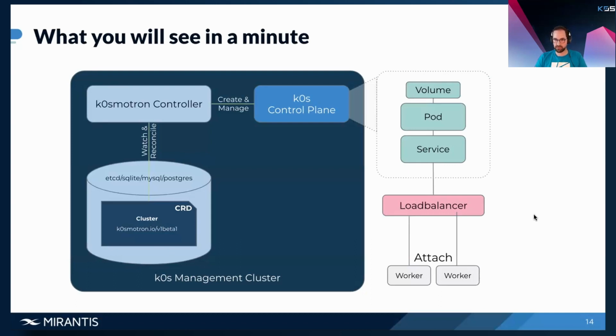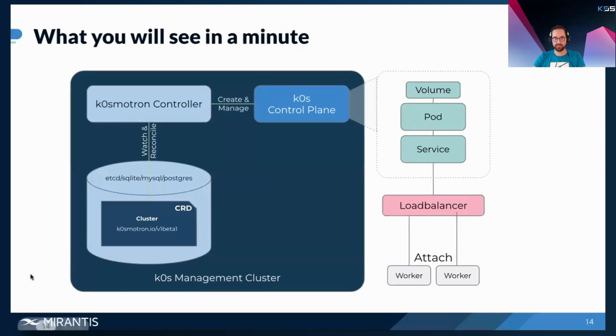The k0s management cluster is sitting inside of AWS. And we will create this cluster, the CRD. k0smotron will see that, will create it, and will create all the necessary workloads in that management cluster. And we will attach those to the worker nodes.